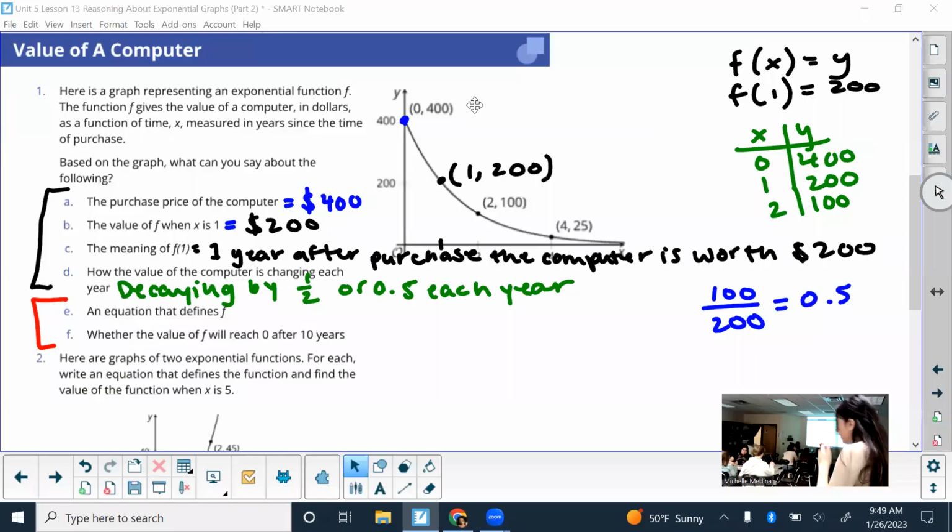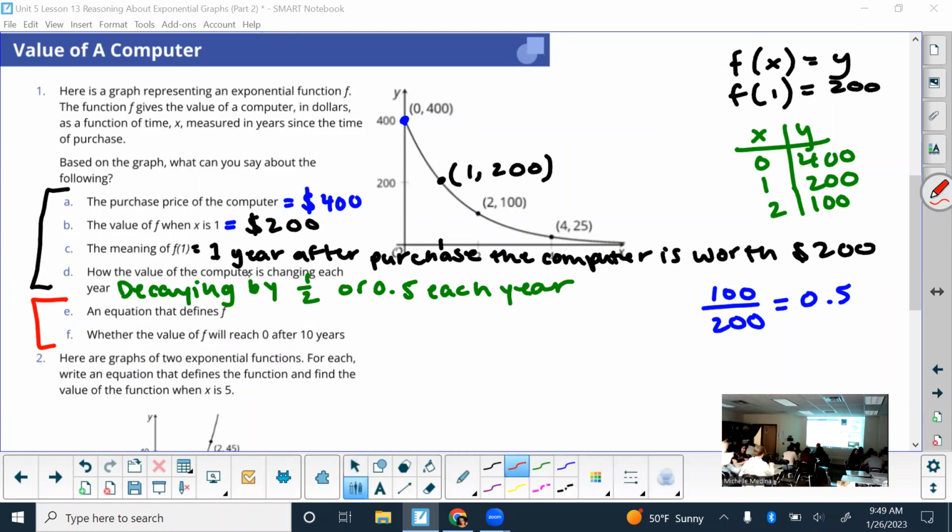Table 6, did you happen to come up with the full equation for f? Did you guys happen to come up with the full equation?